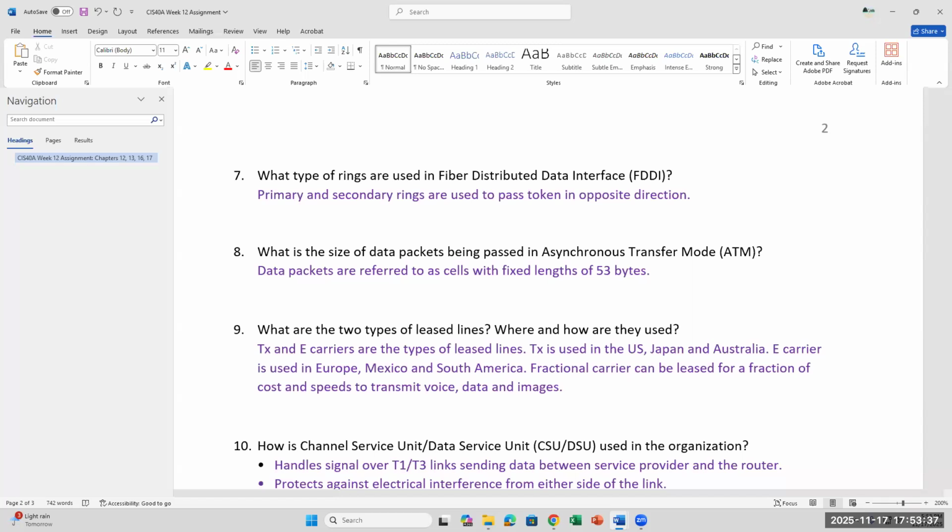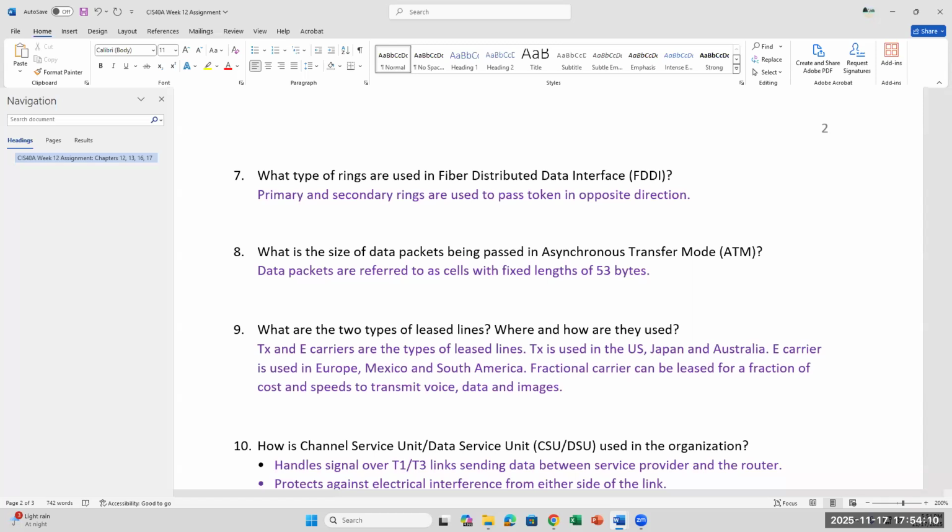So let's talk about leased lines. There are two types of leased line, which is the next section of your notes. It talks about internet technologies and how they are used. Leased lines were common back in the day, and in some cases in different parts of the world, they still might have the tier. So T-carriers and E-carriers are the types of leased line. T-carriers were used in the United States, Japan, and Australia.